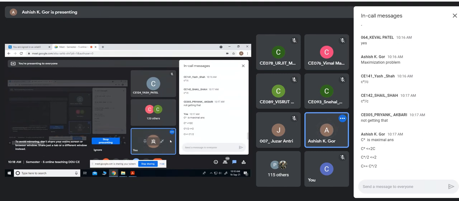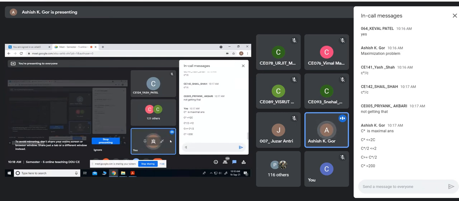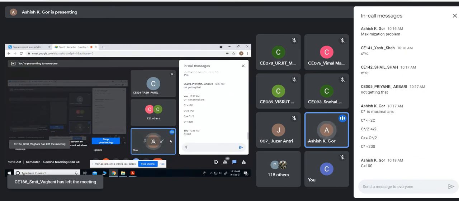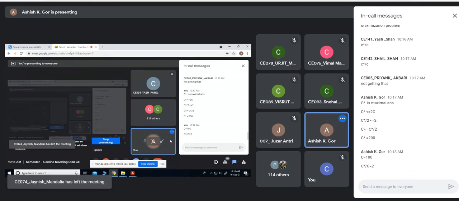Okay. So what do you conclude now? Yes, Yash, can you write? C star is the maximum answer. For example, let's take an example. C star is, let's say, 200, and the C you are getting is 100. Then in that case, C star should be higher, right? Because C star is a maximal answer. So C star by C, if you do, it is exactly 2.